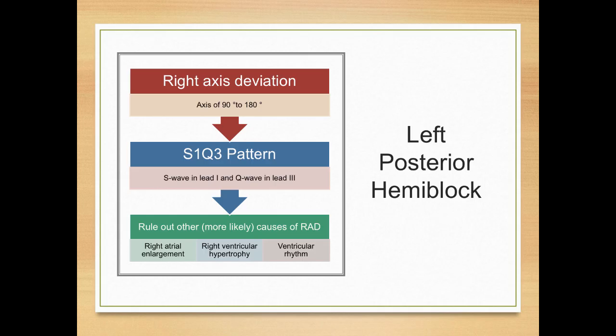You should treat that, right? So these are our steps for the posterior hemiblock. A couple extra steps relative to the anterior hemiblock, but it starts with axis deviation, looks for an S1Q3 pattern, and then rules out a couple other things.